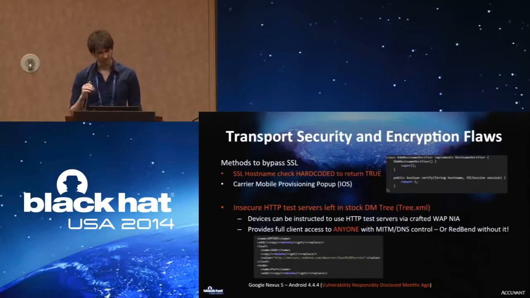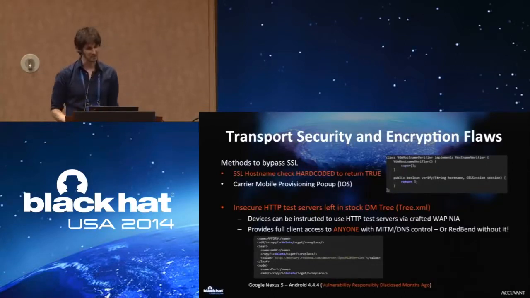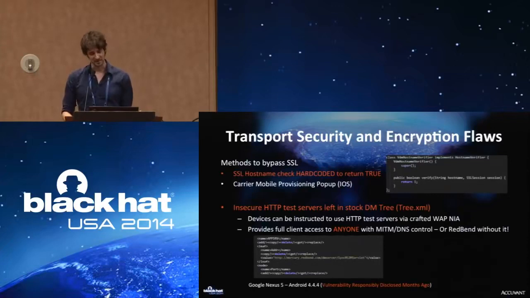The code you can see at the top right is what you can see on a large number of devices. It's a class that overrides the default hostname verifier for SSL certificates. So basically, any valid certificate can have any hostname and would be able to man-in-the-middle the connection.